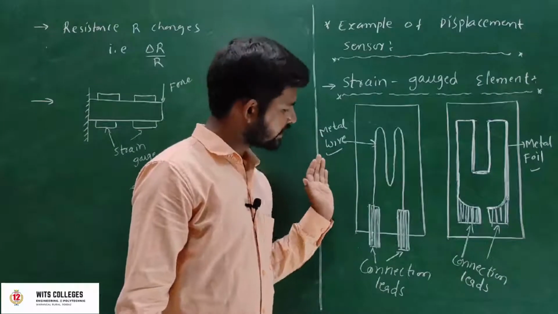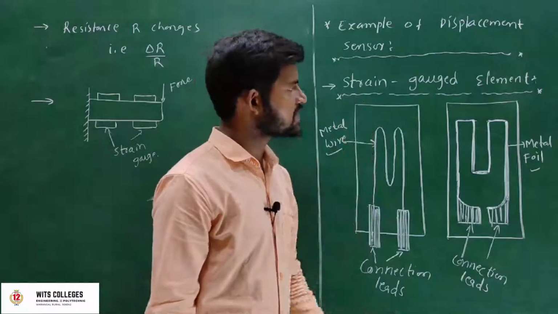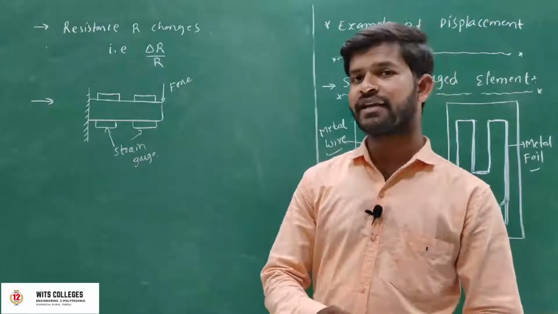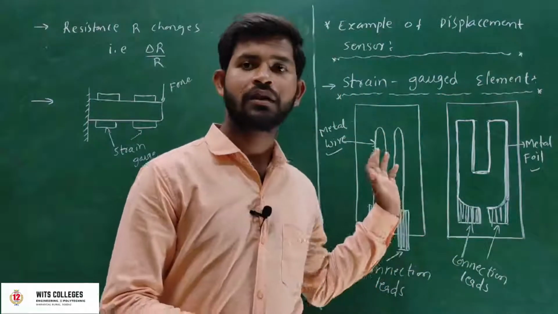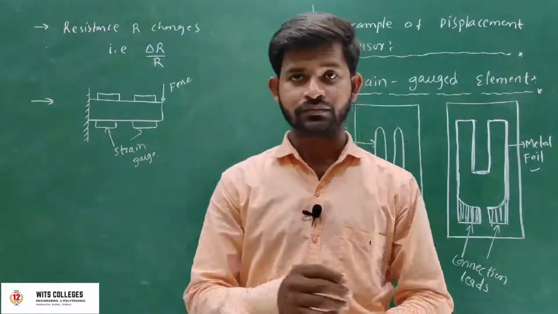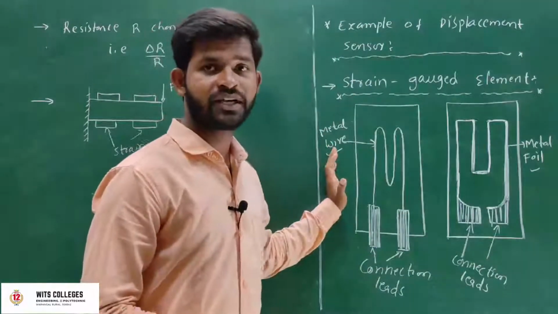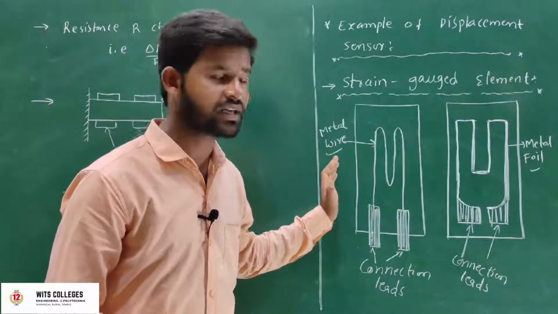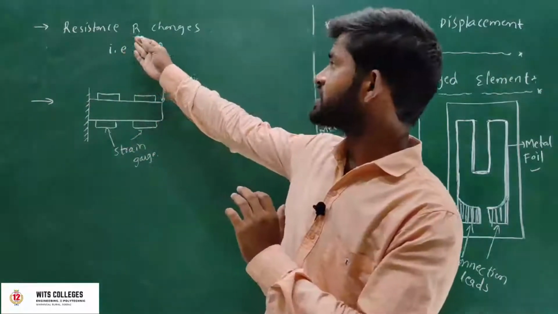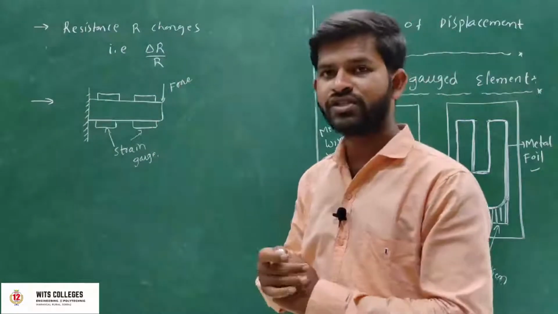The electrical resistance strain gauge is a metal wire or metal foil strip. When it is subject to strain, its resistance R will change.